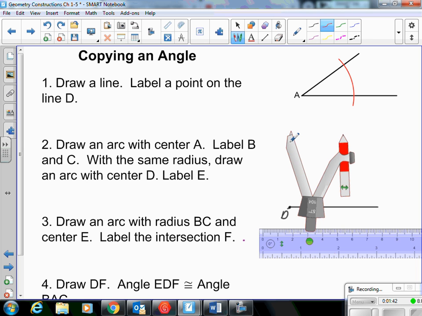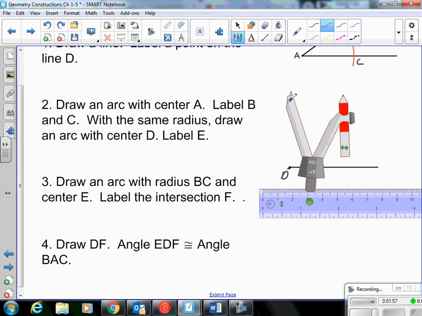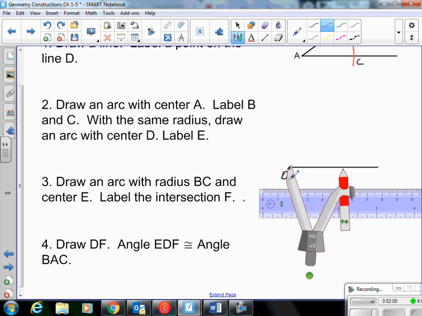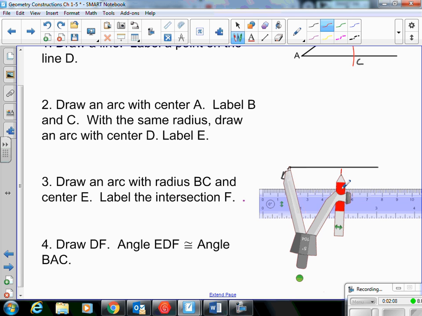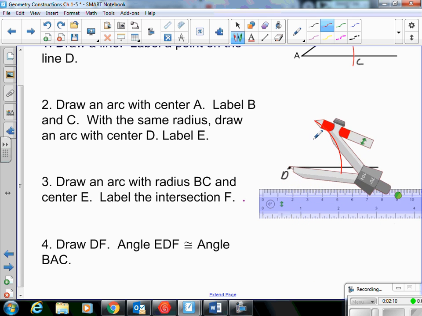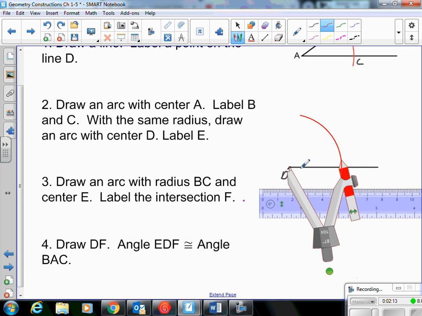All right. And they want us to label these intersection points as B and C. And with the same radius, we're going to draw an arc with a center of D. So that means we're coming down here to the line that we drew, putting our point at D, and we're making an arc here with that same compass setting that we used to make the other arc.